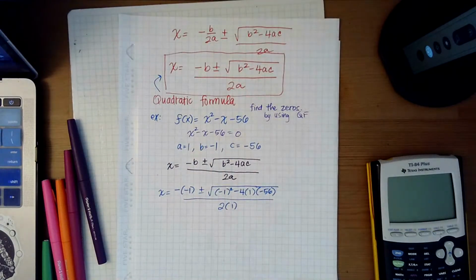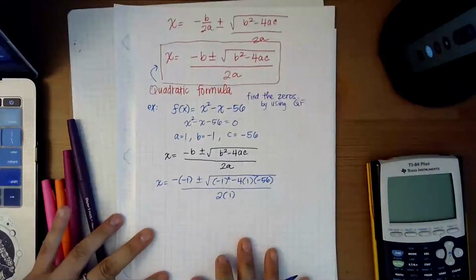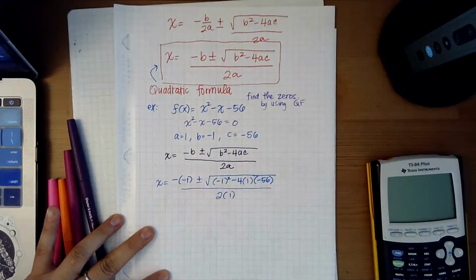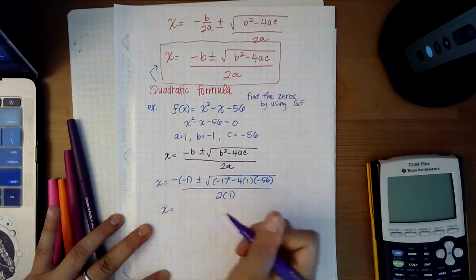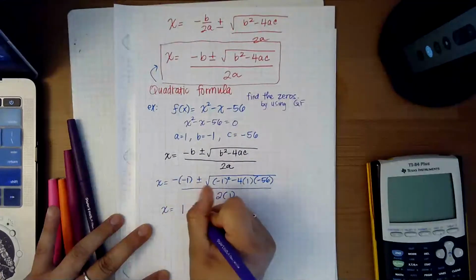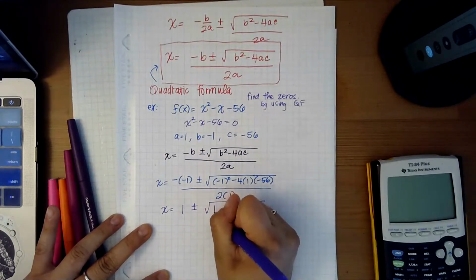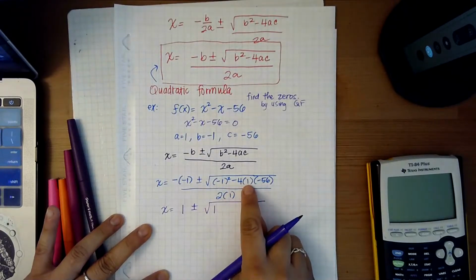And now I'm going to use order of operations to simplify this. The very first thing I'm going to do is simplify the inside of the radical individually. So I have x equals negative, -1 gives me 1, plus or minus, and (-1) squared is 1. Then -4 times 1 times -56.